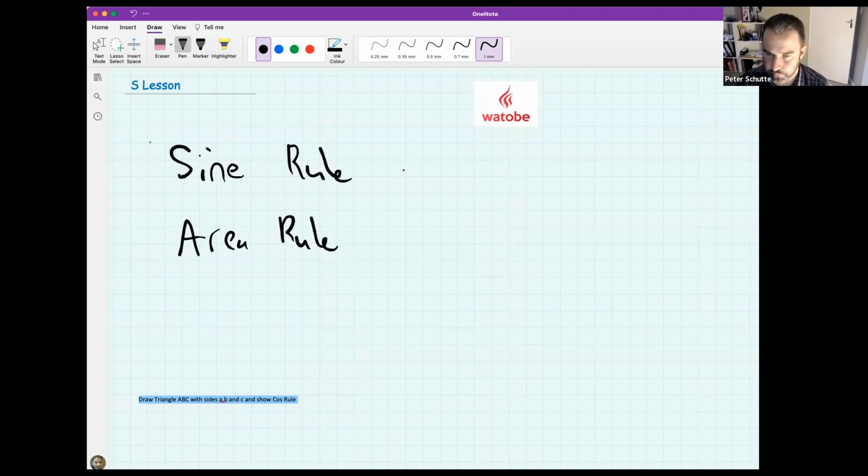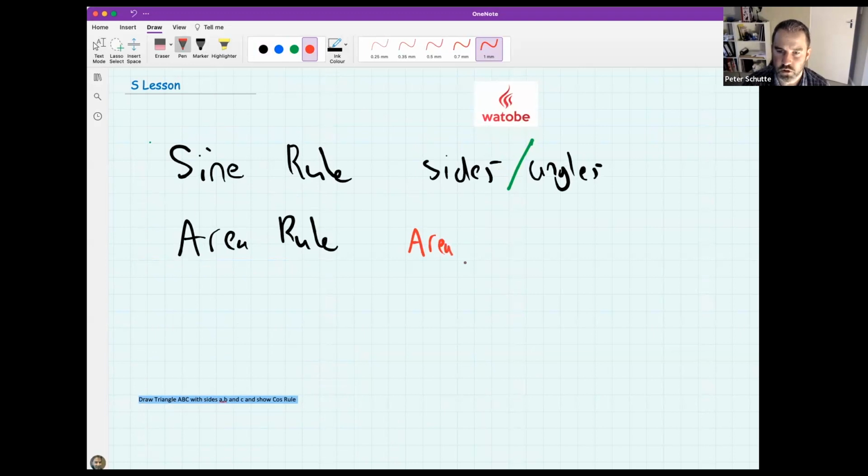And these are very, very helpful in certain situations to help you find sides and angles in the case of the sine rule. And in the case of the area rule, normally you find the area, but you can also find sides and angles using the area rule if the right information is provided.